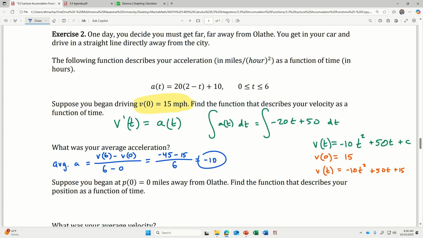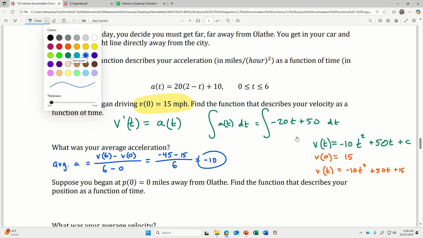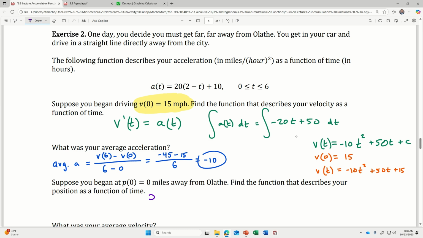Suppose you began at a position 0 at time 0. Find the function that describes your position as a function of time. So what color have I not used? We'll use purple. I know that when I take the derivative of position, I get velocity.